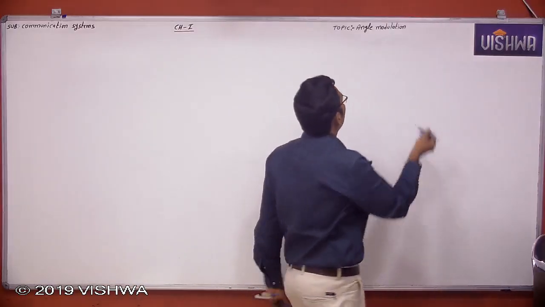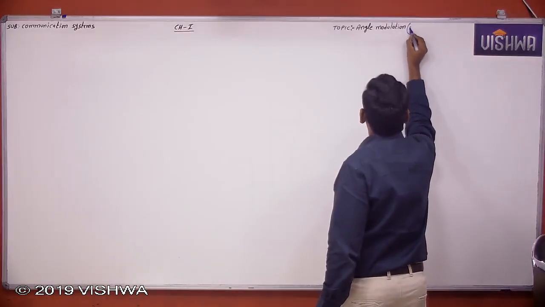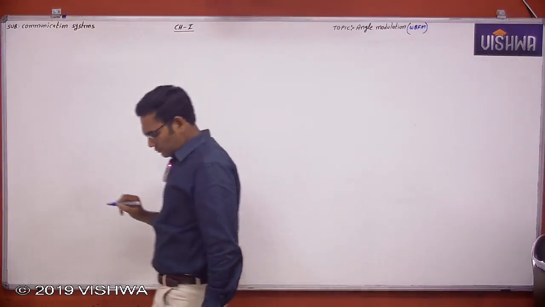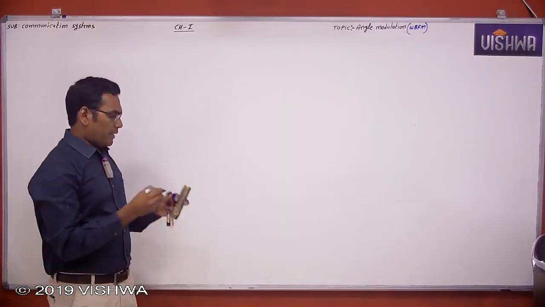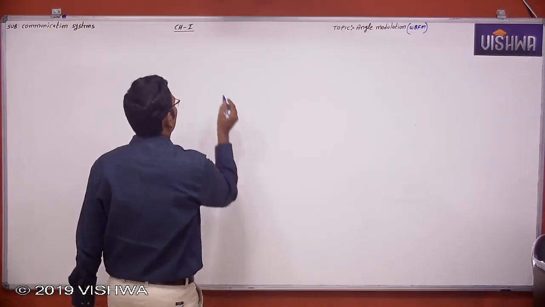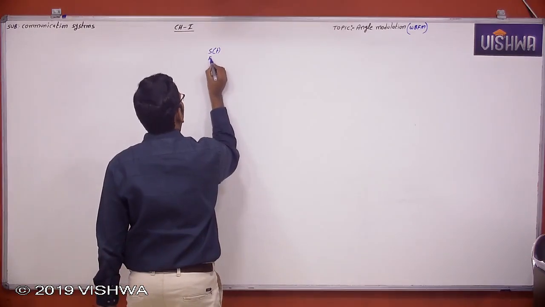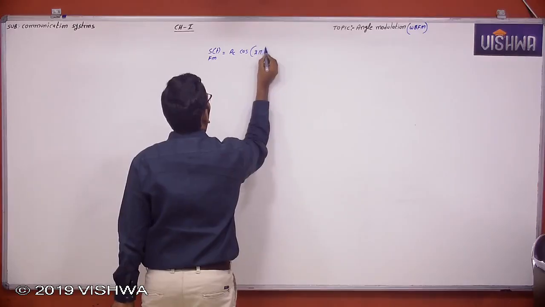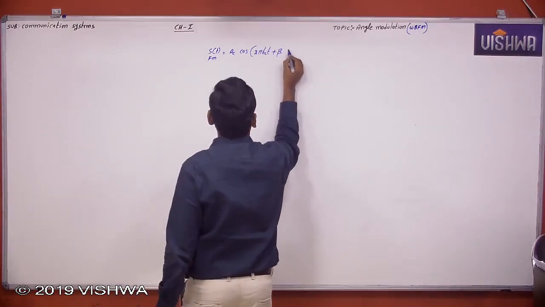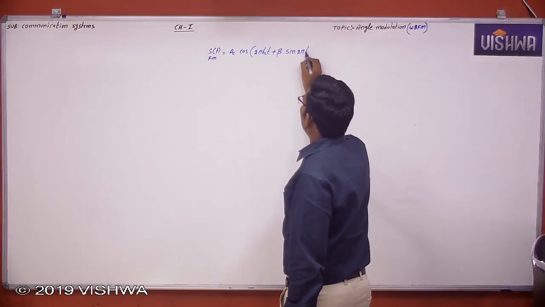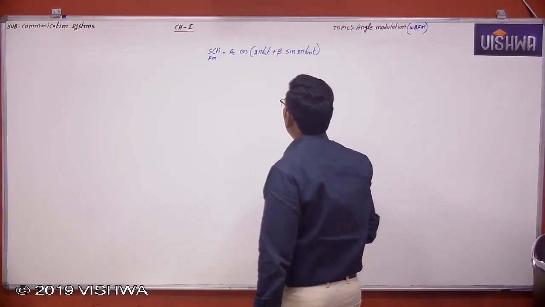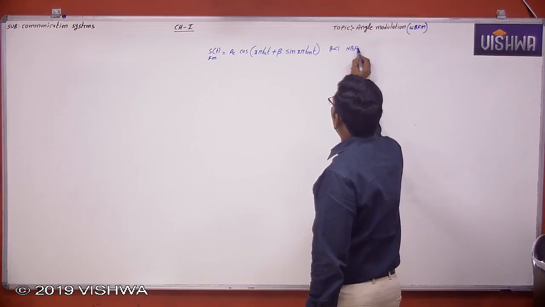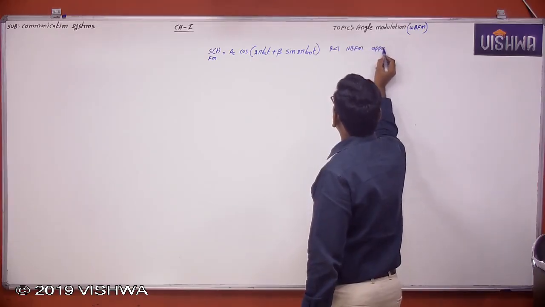So finally, angle modulation, which is nothing but wideband FM. So what is wideband FM? But what is actually FM? Now this is the standard mathematical time domain equation of an FM wave: Ac cos of 2 pi fc t plus beta into sine 2 pi fm t. This is the FM wave. But when beta is less than 1, it is narrowband FM, and approximations are available.